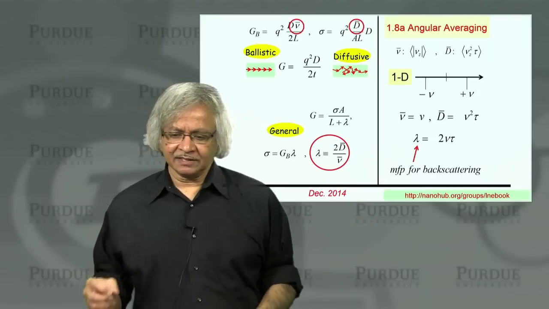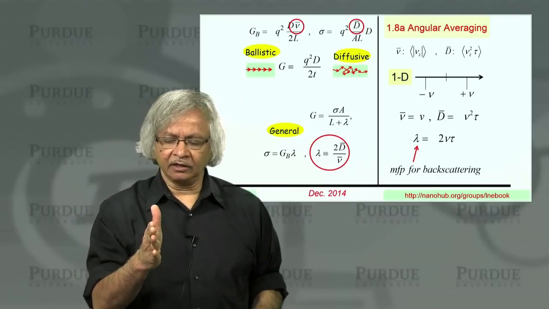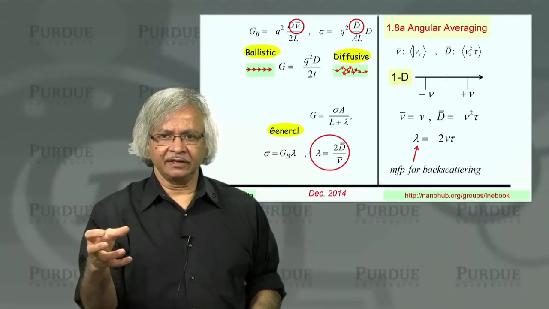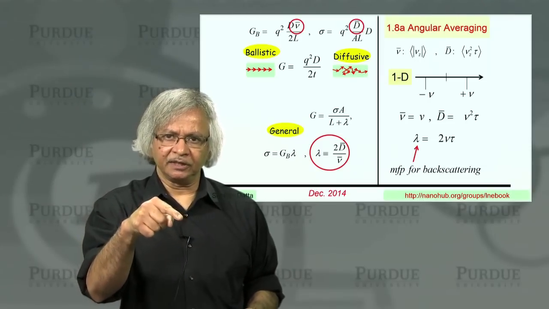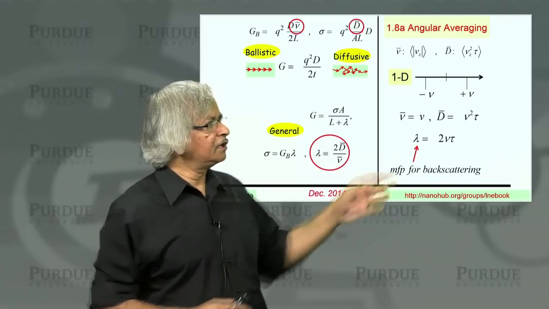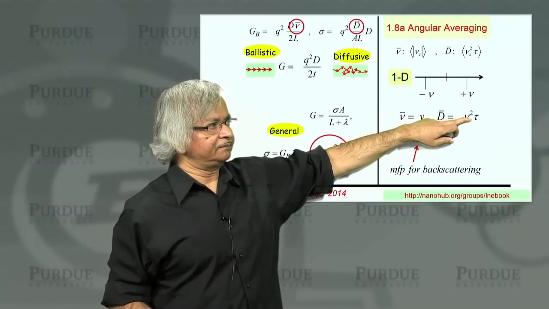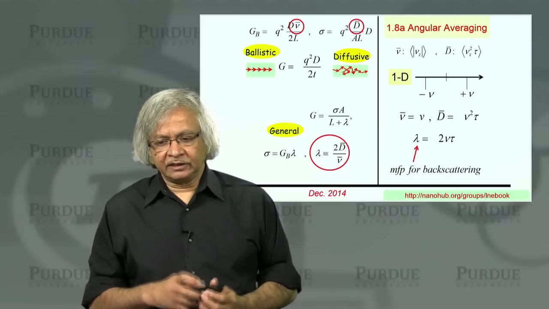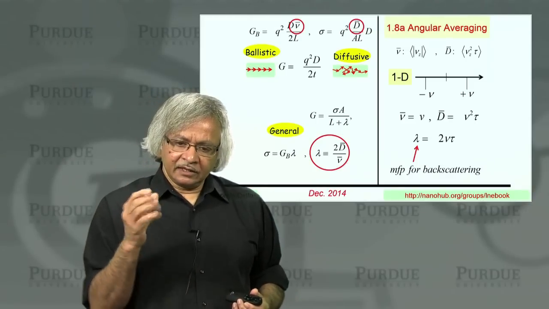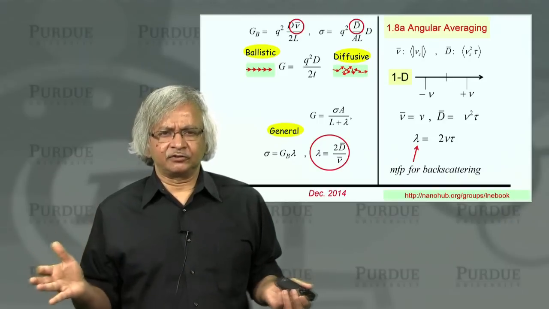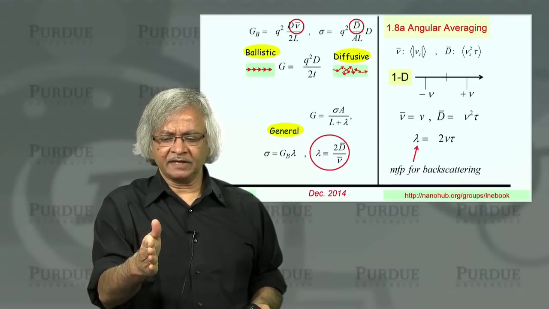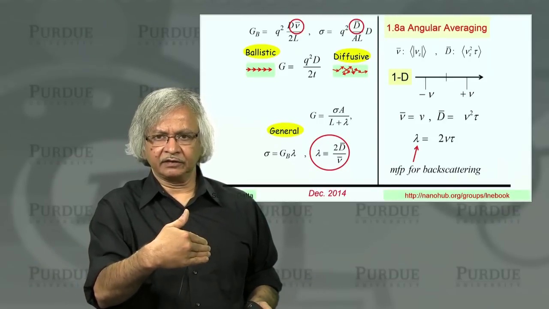Here's an electron going along, and every time it hits something, it changes its direction a little bit, and tau tells you how often it hits something. When it hits something, the direction changes, and we are assuming that the process is isotropic. So you are going this way, and you might scatter to that direction or to that direction.